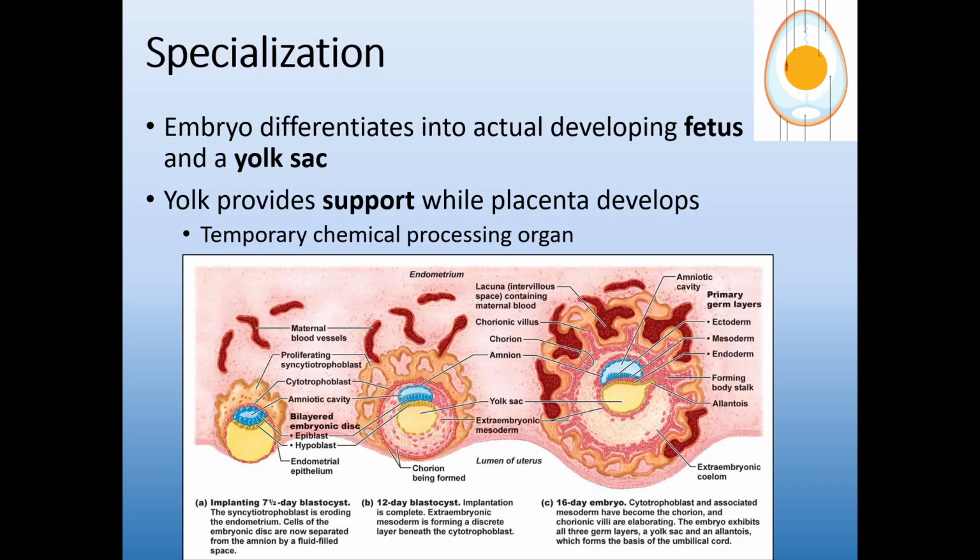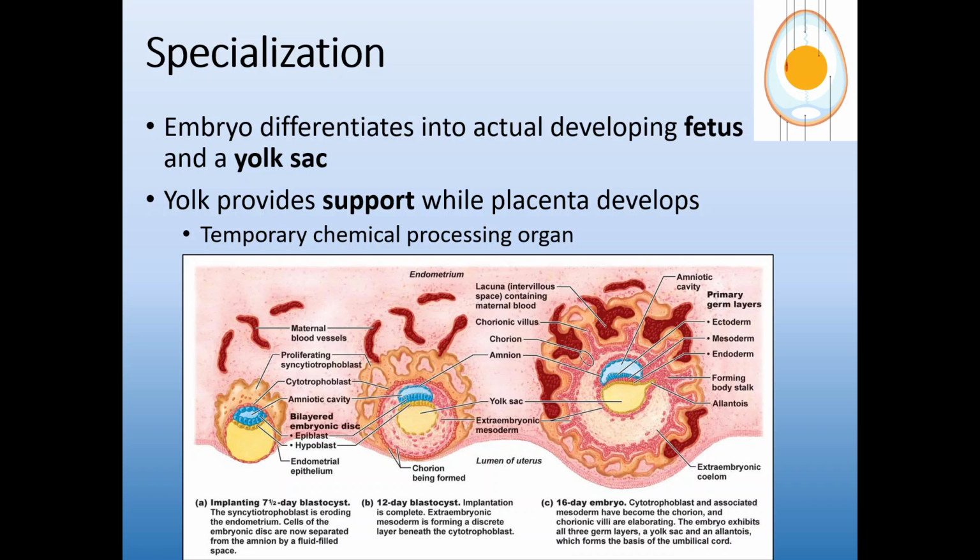The yolk of a chicken egg is the nutrition. It's the material that is being supplied to that developing organism as it grows. It's no longer attached to the mother, so it's not getting any of its nutrition through that method. So it's entirely from that yolk. In humans, the yolk sac is more analogous to a primitive organ.